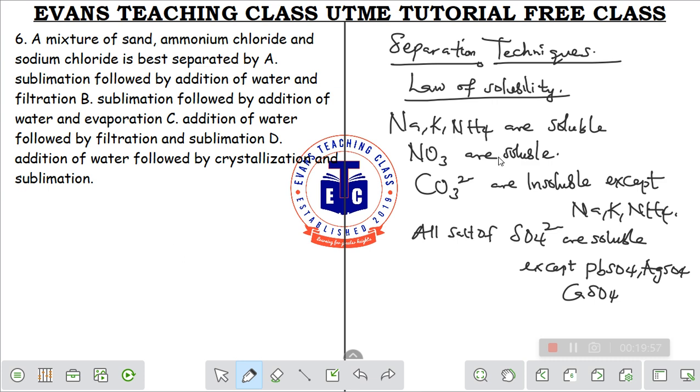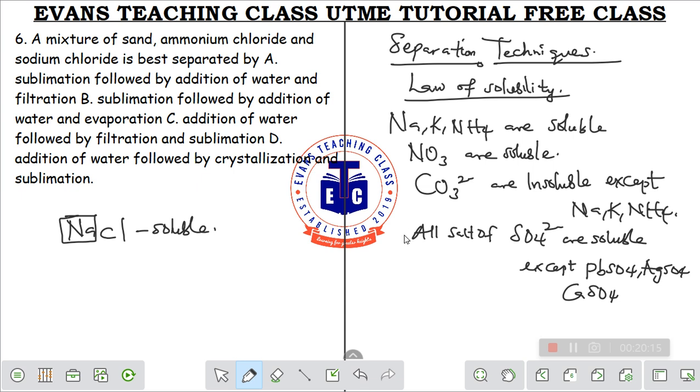Sodium, potassium, ammonium salts are soluble. So what I'm trying to say is, whenever you see a salt like sodium chloride, the moment you see sodium, the salt will be soluble.